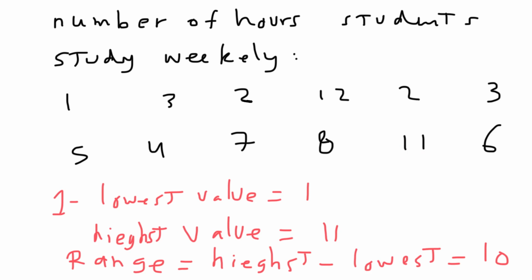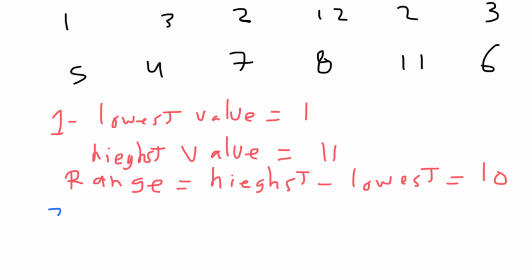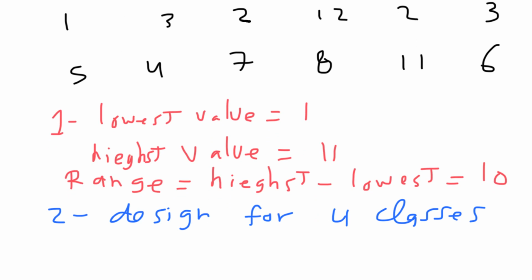So the second step is to find out the class widths. For example, suppose I design for 4 classes. This will be my number of classes, and I need the class widths.